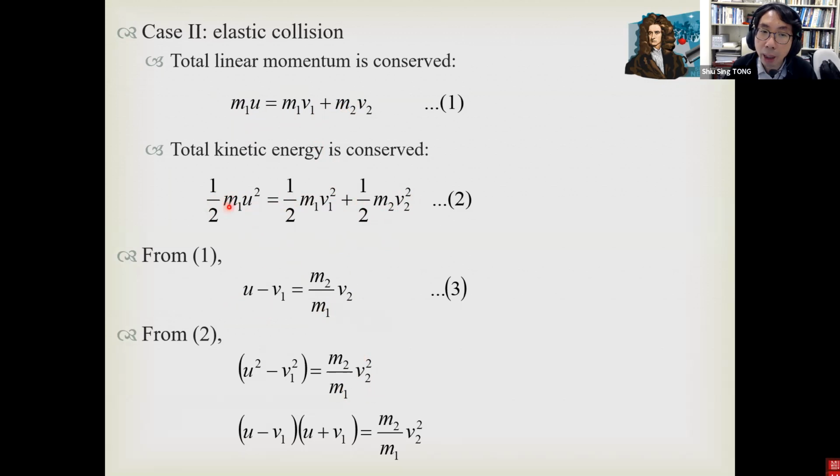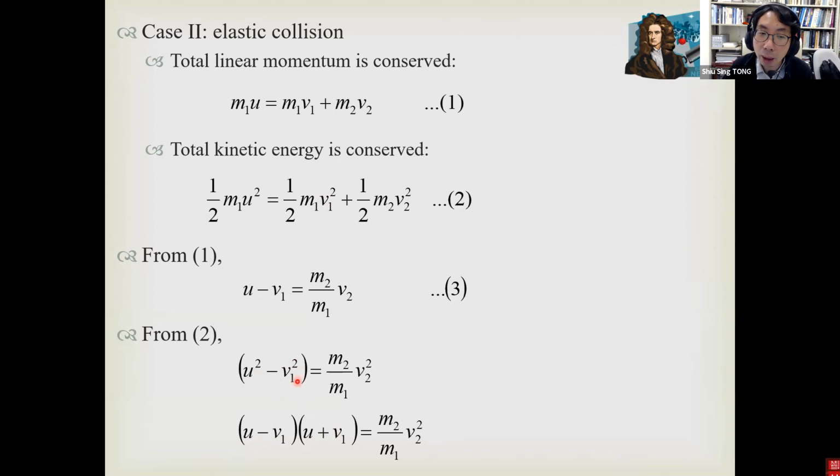After dividing by m1, these two terms do not contain m1 anymore, and so I move the v1 squared term to the left, and I get u squared minus v1 squared. But by a simple identity, a squared minus b squared is a plus b multiplied by a minus b, right?